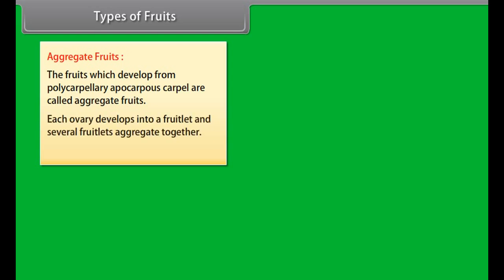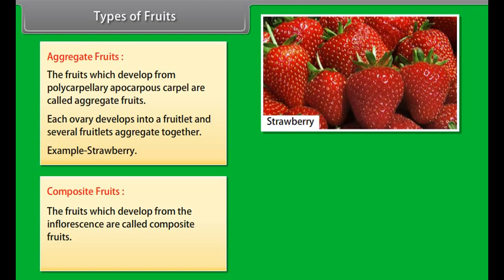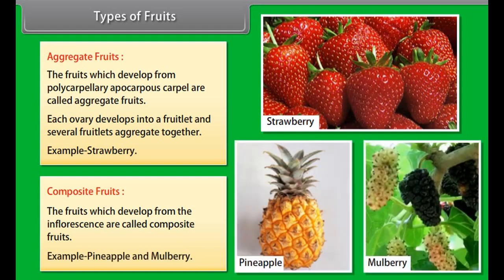Each ovary develops into a fruitlet, and several fruitlets aggregate together. Example, strawberry. Composite fruits. The fruits which develop from the inflorescence are called composite fruits. Example, pineapple and mulberry.